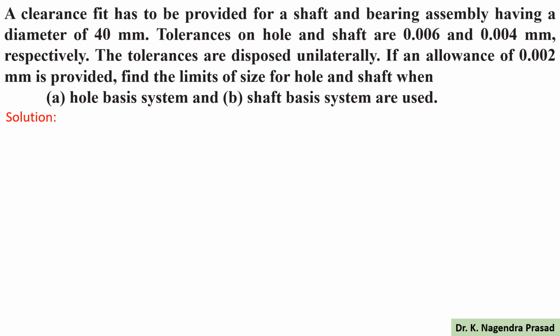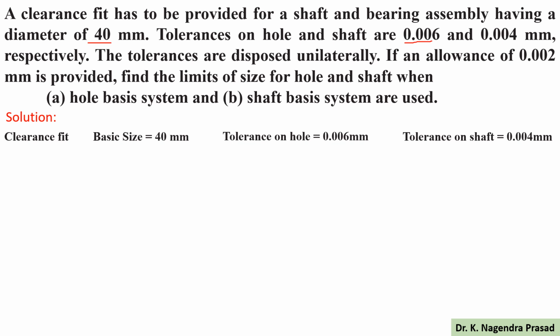So first we have to write down the given data. Here it is given the type of fit is the clearance fit, the basic size is 40 mm, and tolerance is also given. Tolerance on the hole is 0.006 mm and tolerance on the shaft is 0.004 mm, and tolerance is unilateral system.